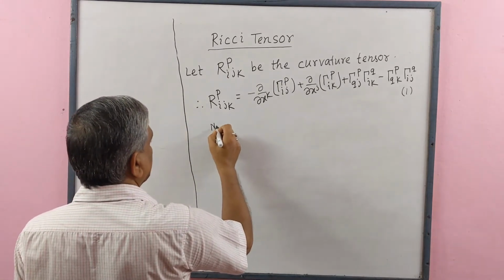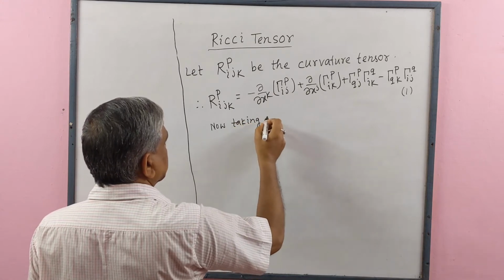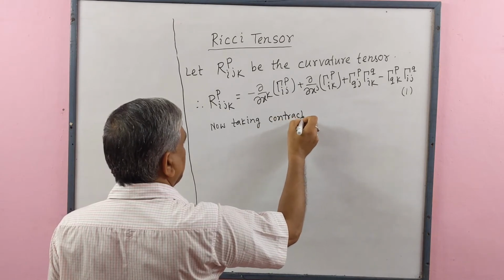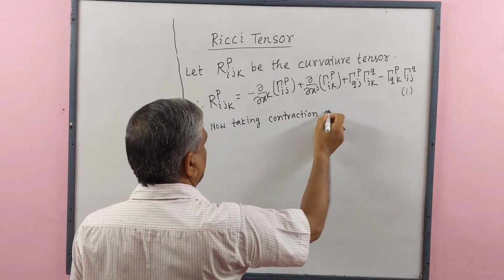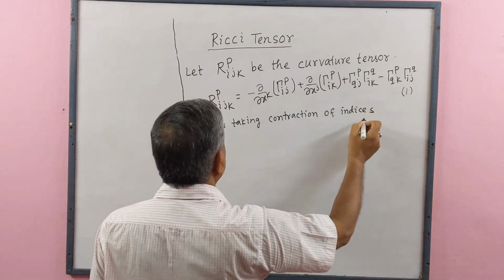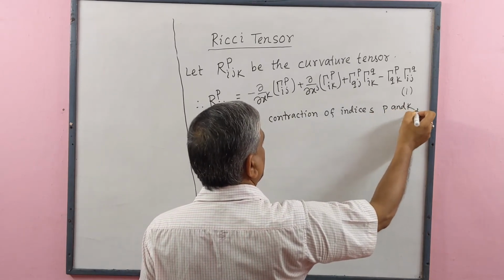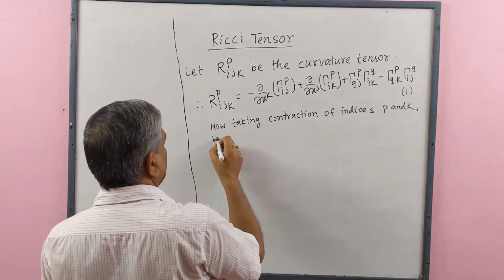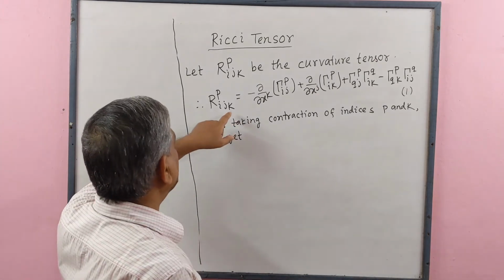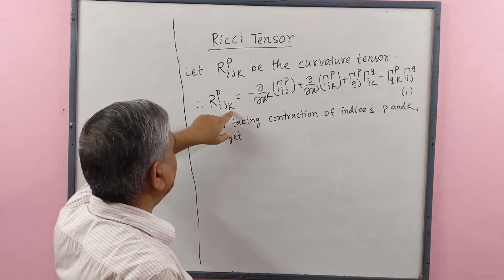Now taking contraction of indices p and k, in place of k we write p, we replace k by p.